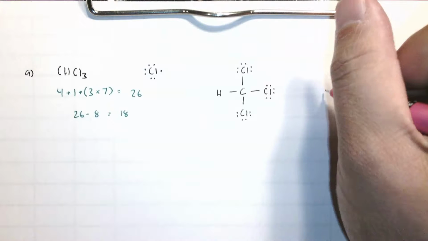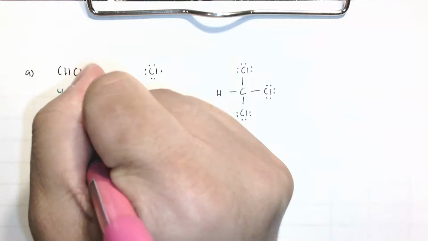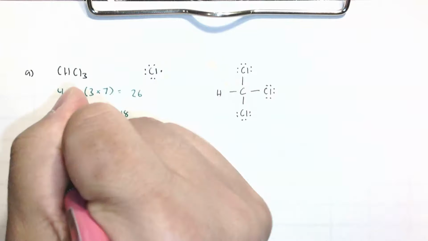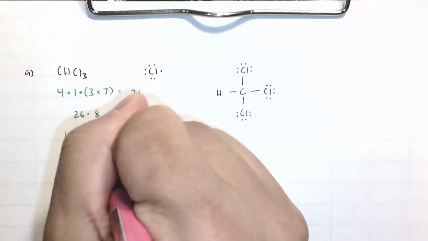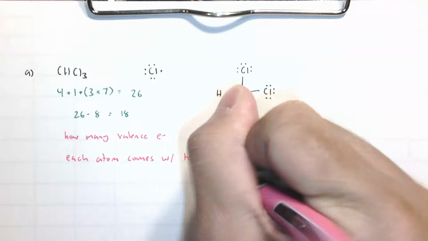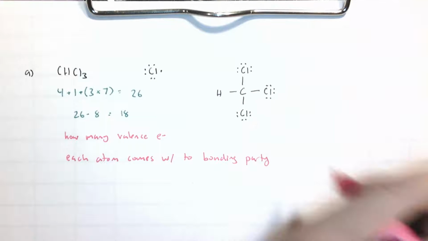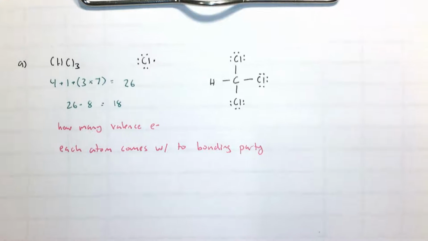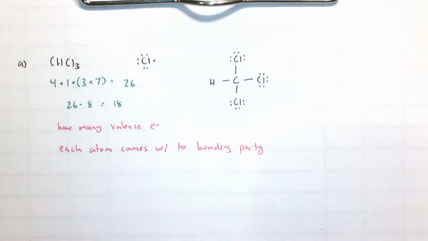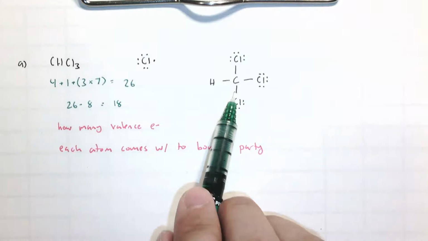Think about how many valence electrons each atom has. 26, the magic number. 1, 2, 3, 4, 5, 6, 7, 8.